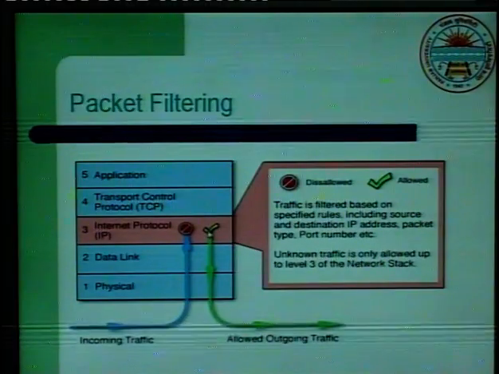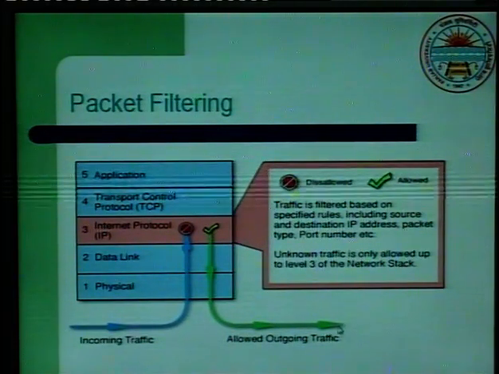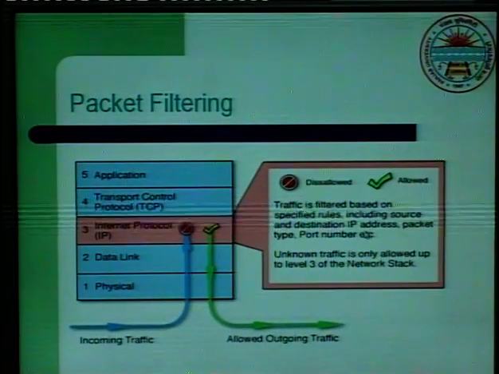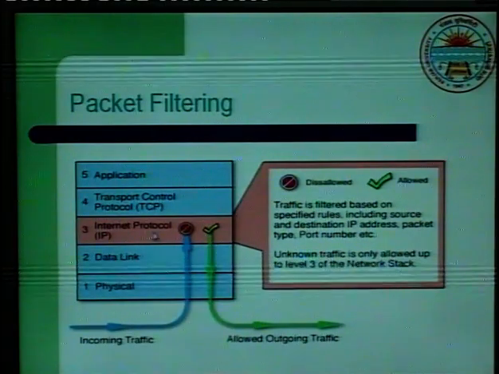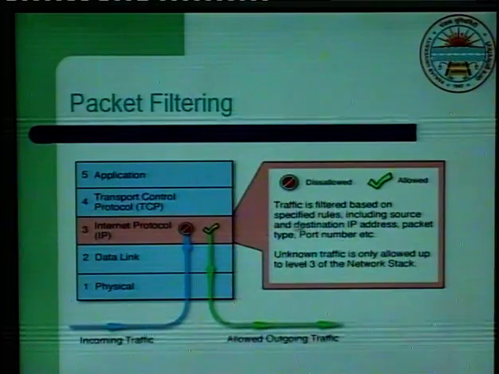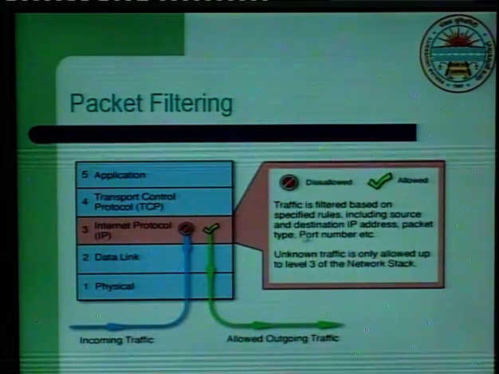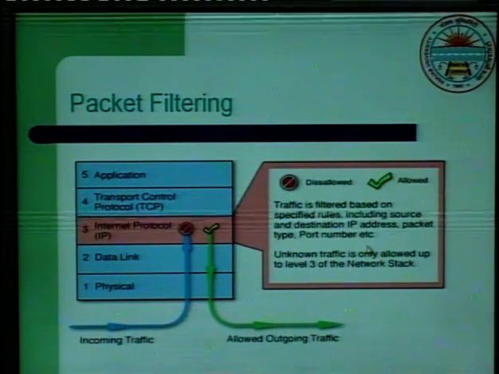If the access control policy allows it, the packet is forwarded to the network, otherwise traffic is filtered and blocked at the IP layer itself. Traffic is filtered based on specific rules including source and destination IP address, packet type and port number, etc.